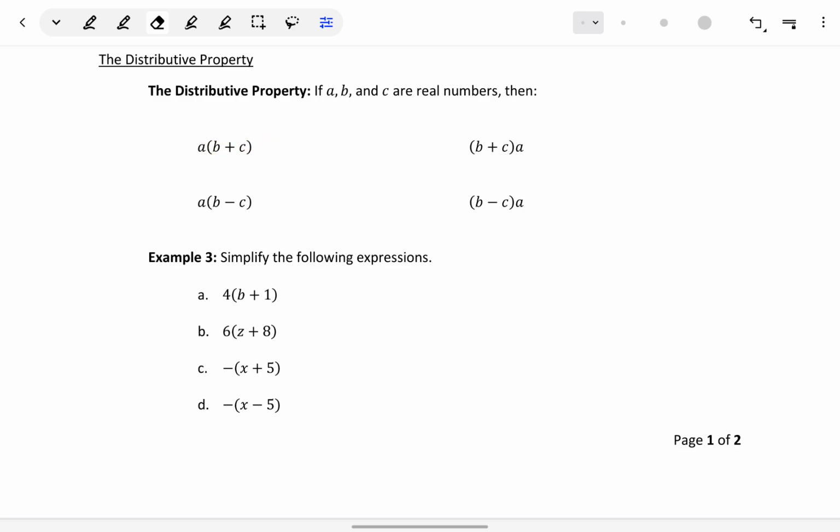The distributive property, though, gives us a way to rewrite the problem, similar to what we did with the commutative property, but in a way that may not be as intuitive. What the distributive property tells us is that if we have a number times some expression in parentheses where we have terms being added and subtracted from each other, we can take that number out front and distribute it through each of those terms, meaning we're going to take A and multiply it by every term inside those parentheses.